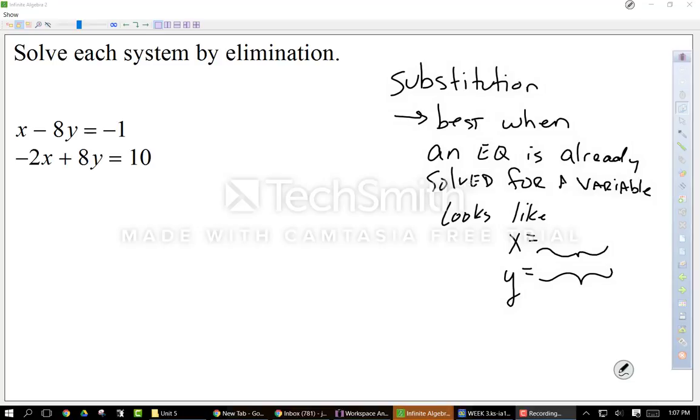This is now elimination. Elimination is going to be best for when neither of the two variables are solved for. Okay, so we don't have x equals or y equals. In this particular instance, you see that both my x's and y's are on one side of the equation, where my numbers, my constants, are on the other side.